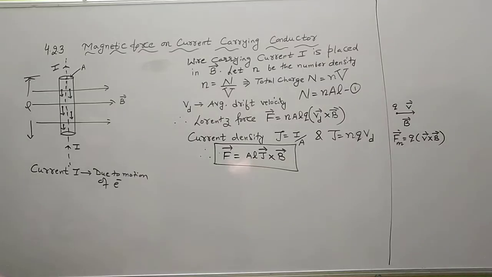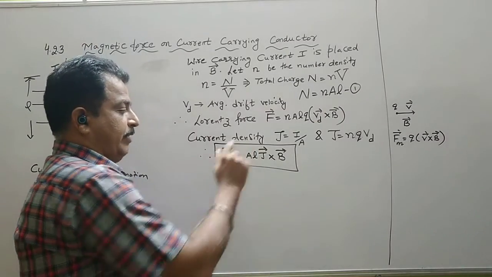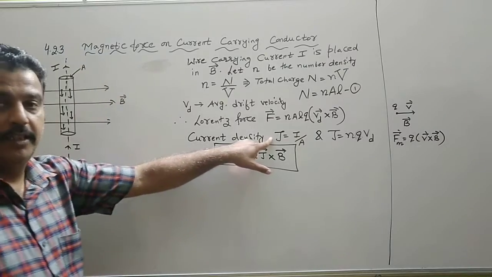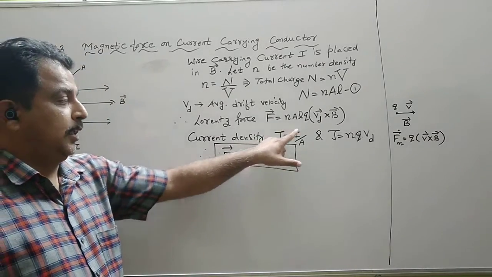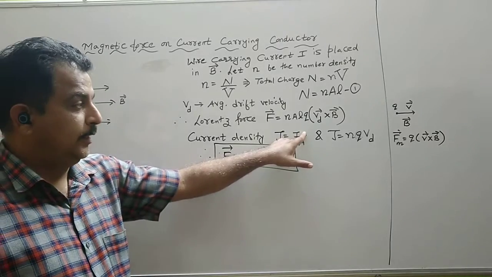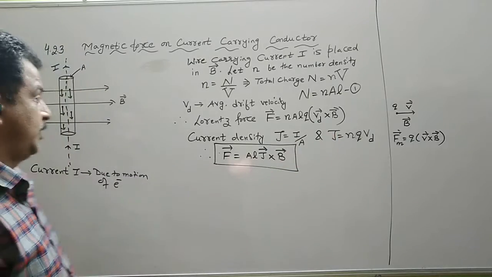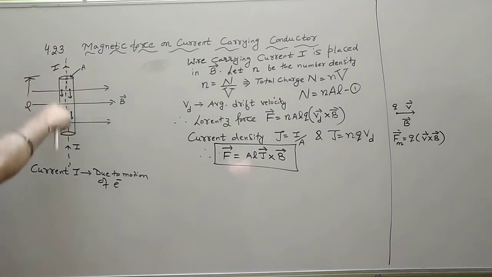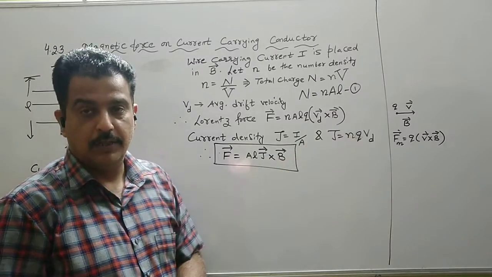Now you have to shift this vector, the J vector. Current density is a vector quantity, but current is a scalar quantity. Here the arrow was on the drift velocity. Drift velocity is in the downward direction if we consider the motion of the electron, or in fact here we call it a motion of a charge.